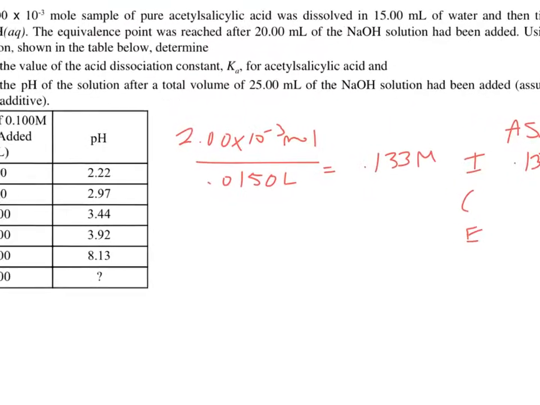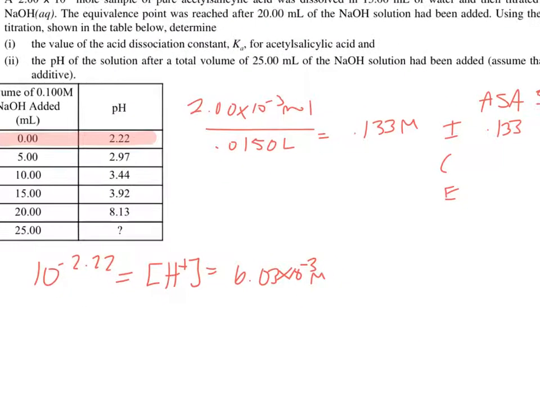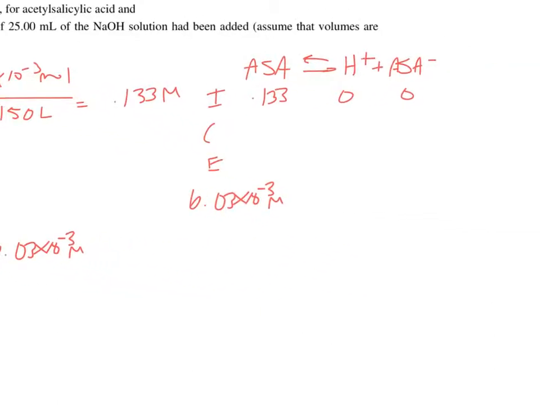If I scroll over, before any of the titrant was added, the pH was 2.22, which means before the titration happened, I know that 10 to the negative 2.22 power equals the concentration of the H+ at equilibrium, and that number is 6.03 times 10 to the negative third molar. Well, that number is going to go right over here.